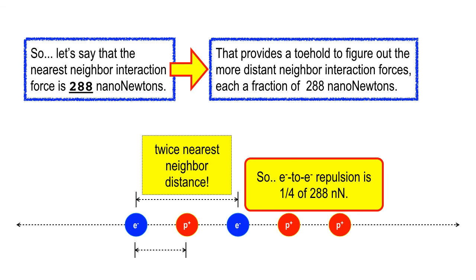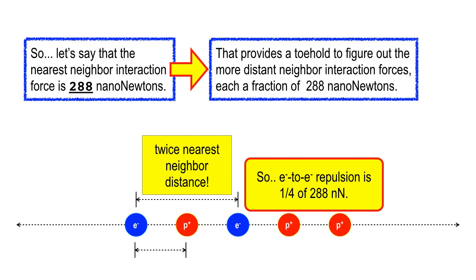Now you know how big it is, but what direction is it? It's going to be repulsion, so our target particle's this guy, and it's going to be repelled away, so that means leftward. So we're going to have some negative nanonewtons of repulsion.